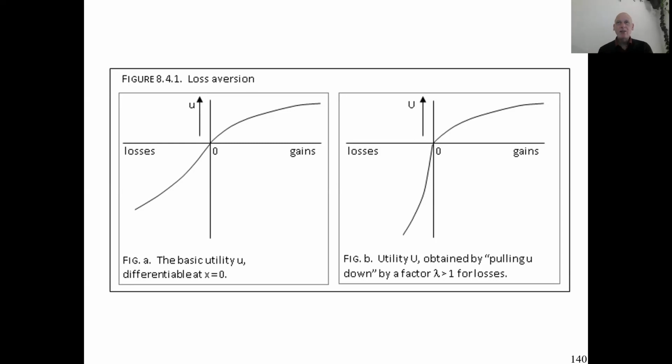So if, for instance, you are at a level of income such that any €1 or $1 less you get, you really suffer more than you gain from getting one extra dollar or €1, then it should not be loss aversion, but it should be part of the basic utility function. Then it should have a kink at 0, because that is real utility. But it's very, very coincidental if this would be exactly at the reference point. Anyway, that's the interpretation that I use in this course.